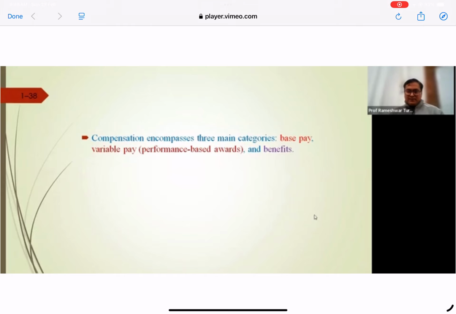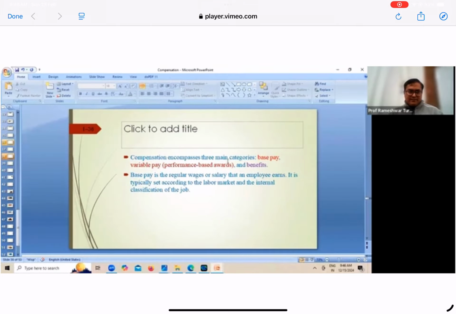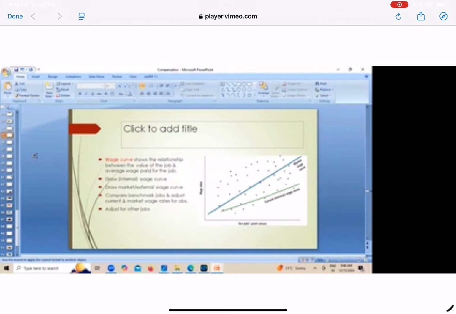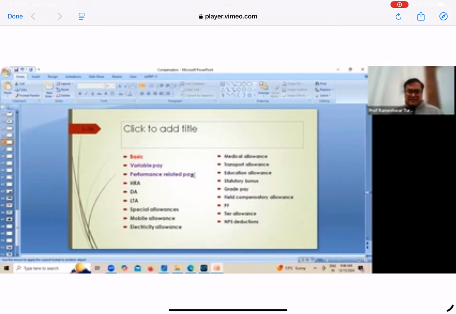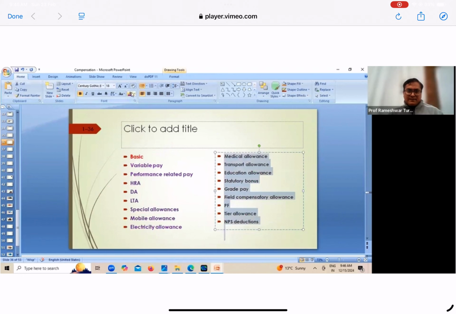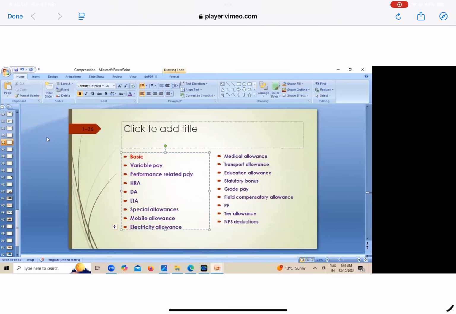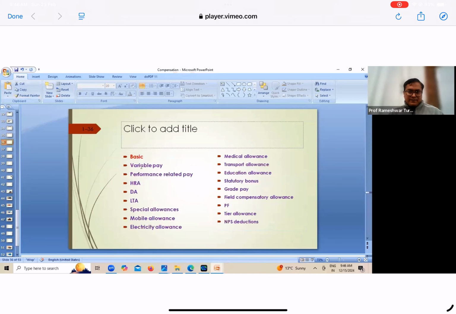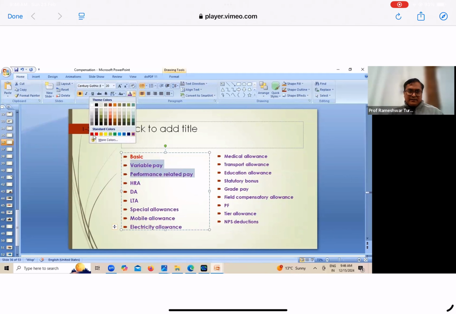So this is the benefit part. And this is the variable part.